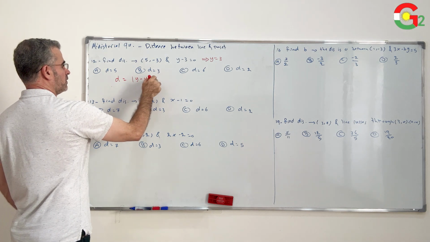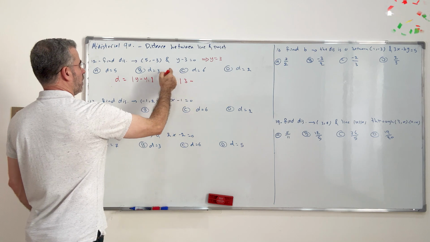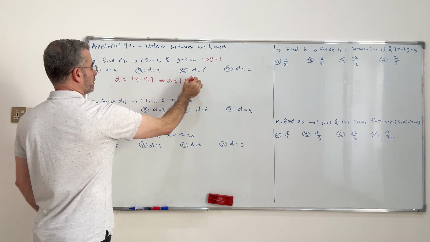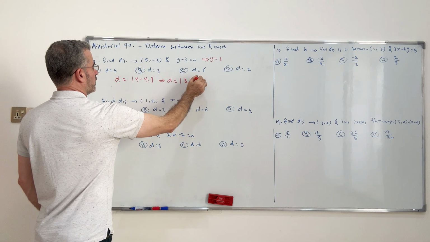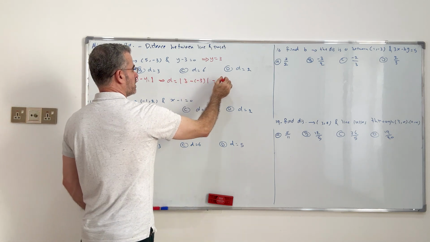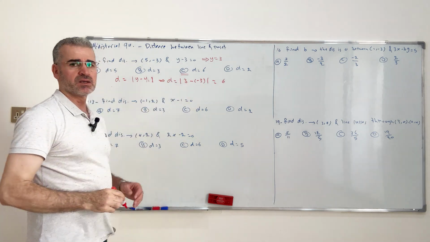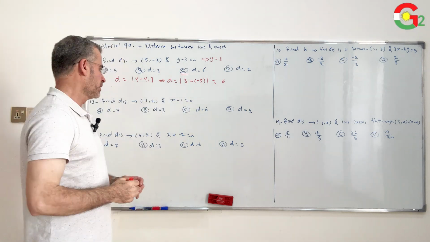Then d equals 3 minus negative 3, which is 3 plus 3, 6, absolute value 6. The distance is 6, choice number C.